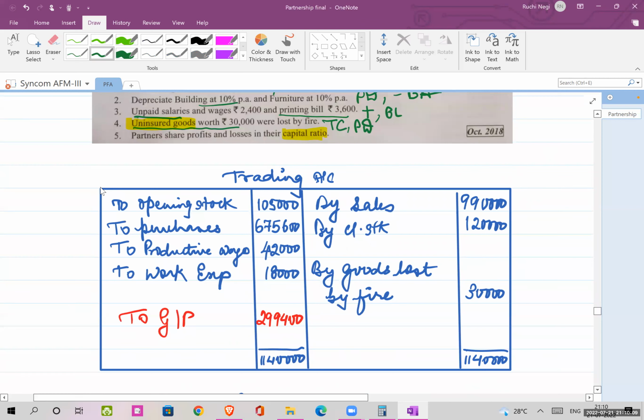The other name for works is factory. Sales, trading credit, one effect. Closing stock, this was in the adjustment, so its two effects will be here and in balance sheet asset. And this goods lost by fire was also in the adjustment, so it also has two effects. I'm highlighting the effects of the adjustments in green.